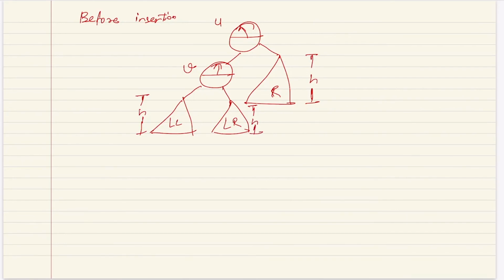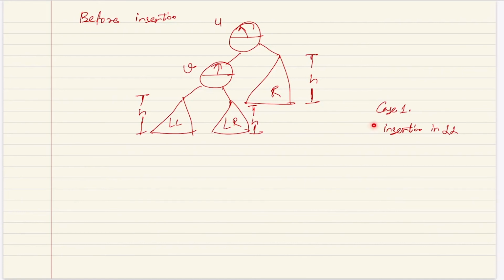And the simpler case, when V has got the same sign as minus 1, means I should have an insertion in LL. So case 1, insertion in LL. If I insert in LL, its height will become h plus 1. So let's draw that.